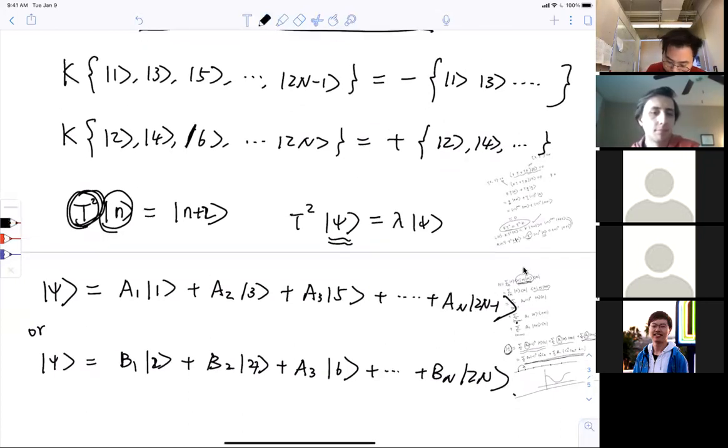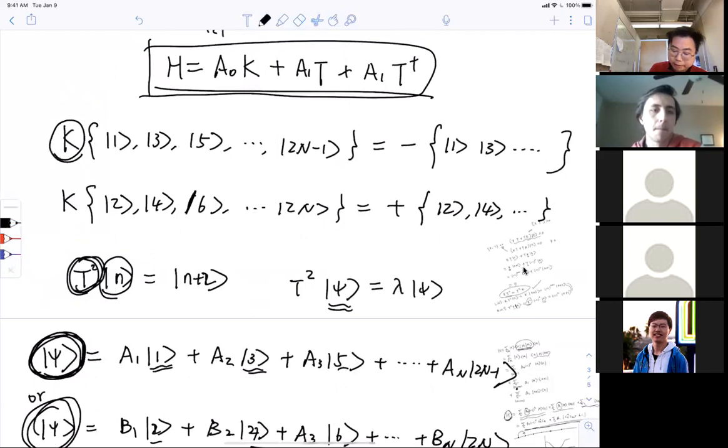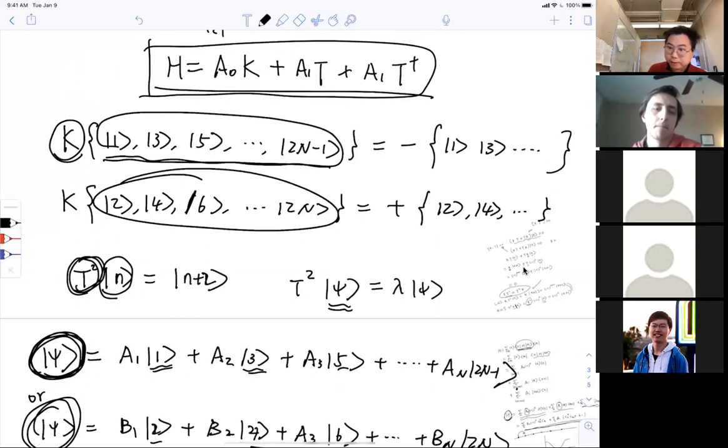The reason why I use all odd size or all even size is because we want to make sure this guy or this guy are still the eigencat for operator k. So basically, we can only do linear superposition within this subspace or within this subspace.